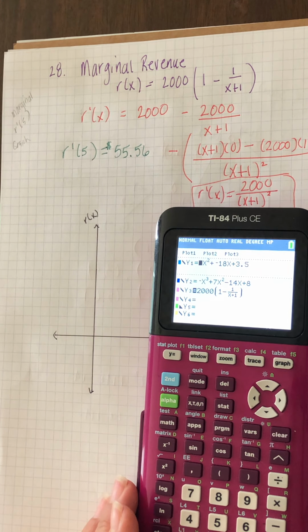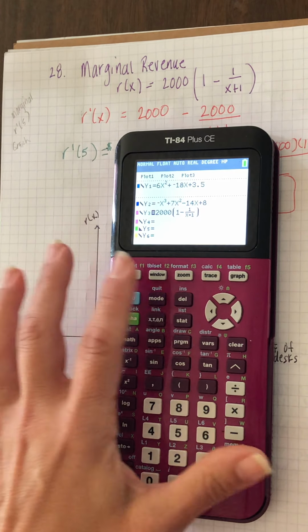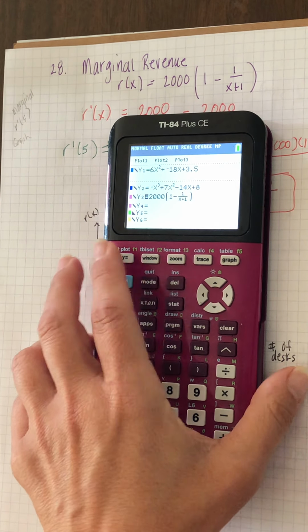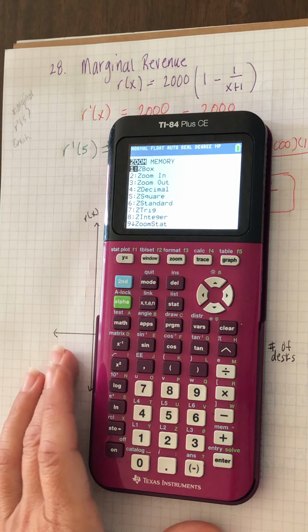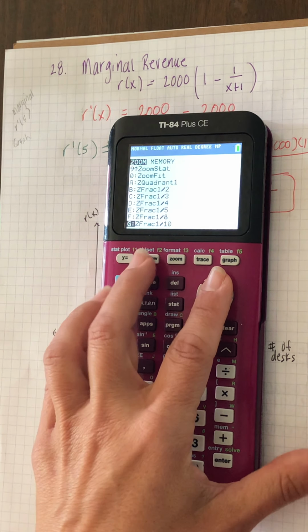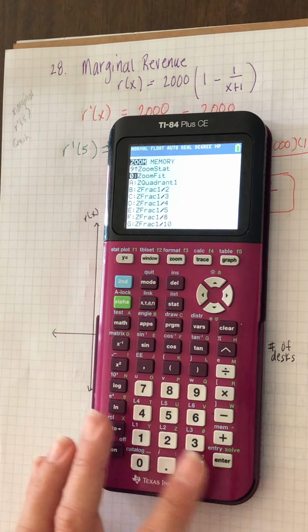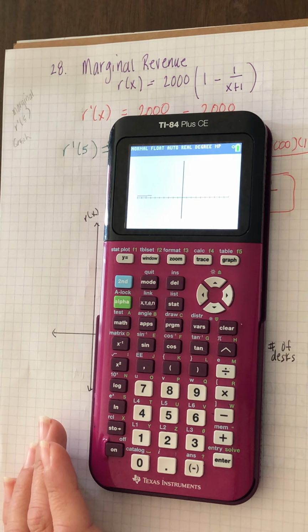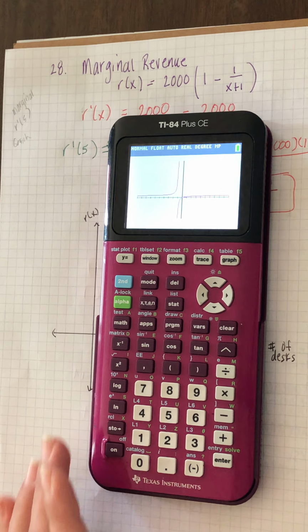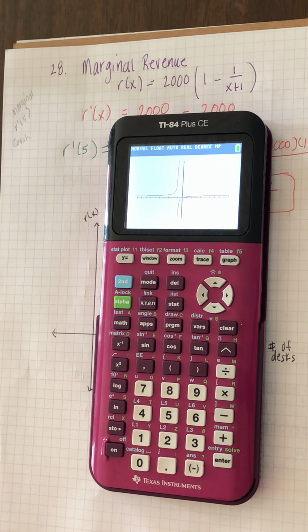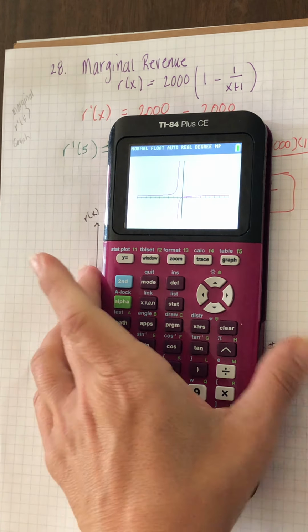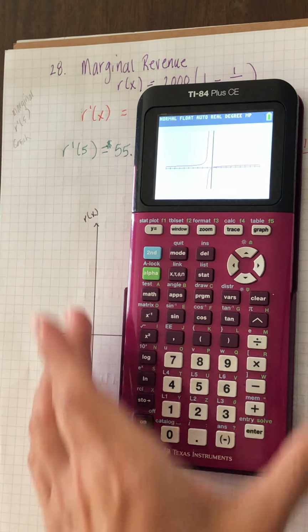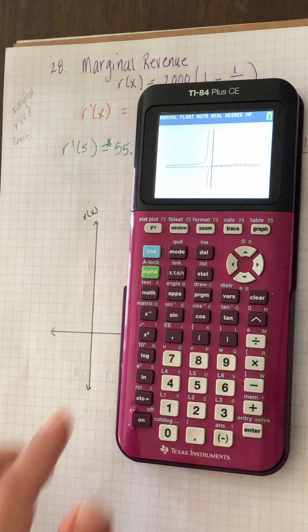2,001 minus 1. Oh, sorry. Let's do a zoom fit again. And your teacher is not very smart.